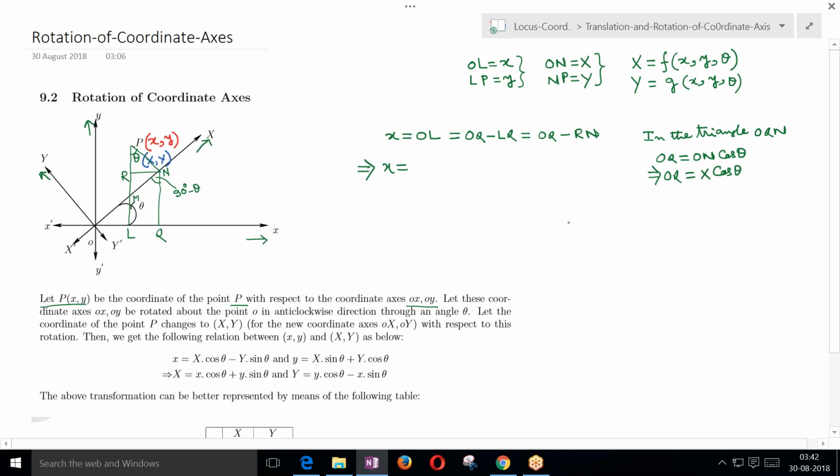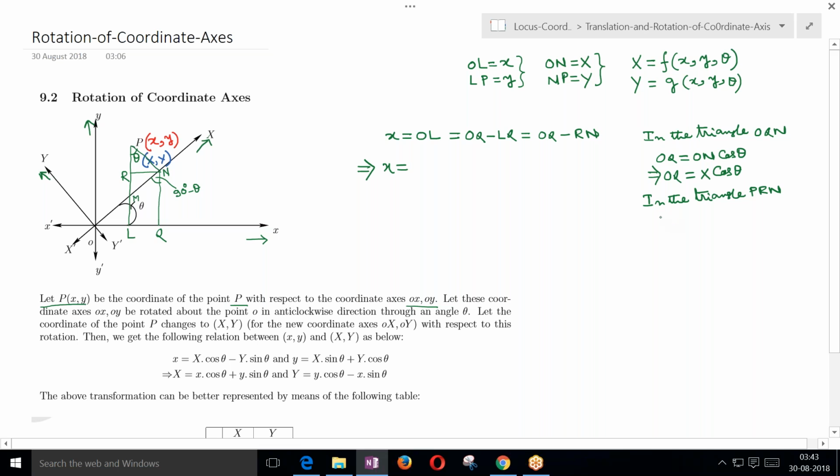Then in the triangle PRN, we are going to find RN.